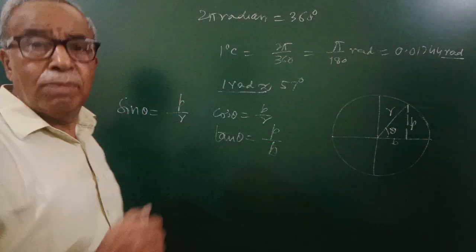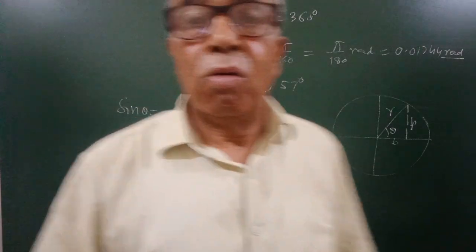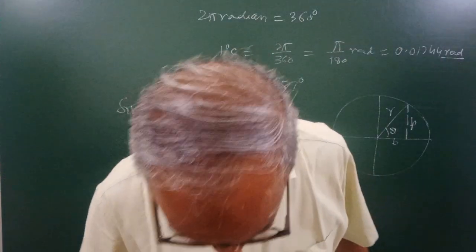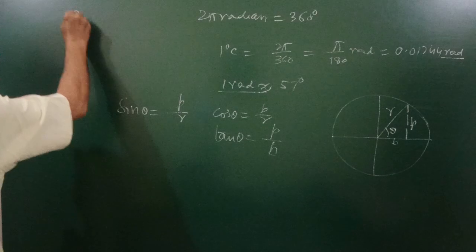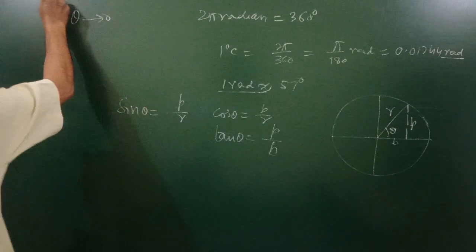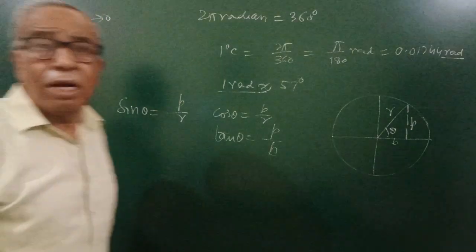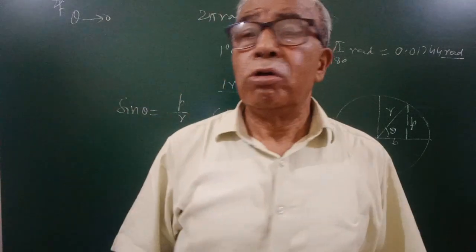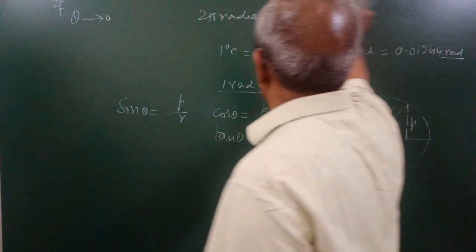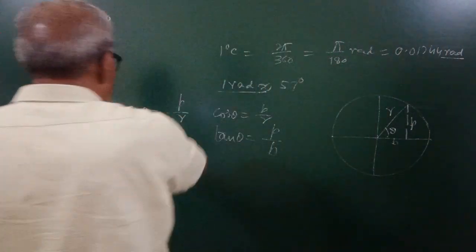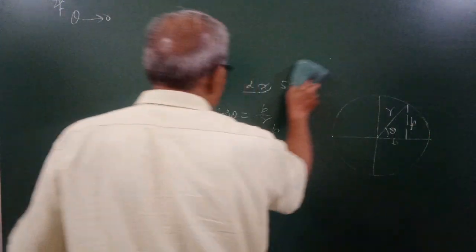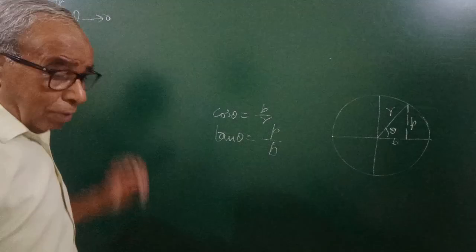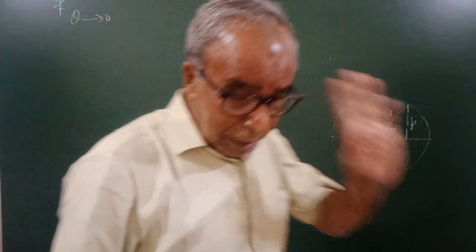Now, what is important here? What is my aim to tell you? If theta tends to 0, theta is some small value, but how small is also a confusion. This is also a very great confusion.